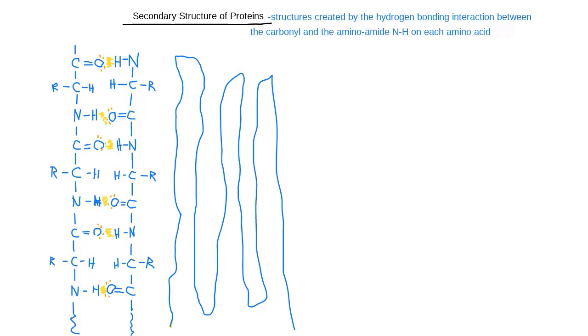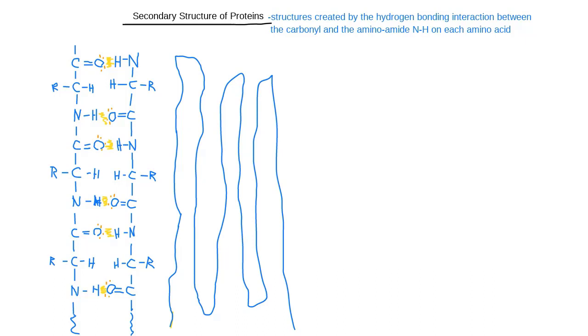So the structure is created by hydrogen bonding interaction between the carbonyl and the H on each amino acid. So that's where the alpha helix and the beta pleated sheet come from.